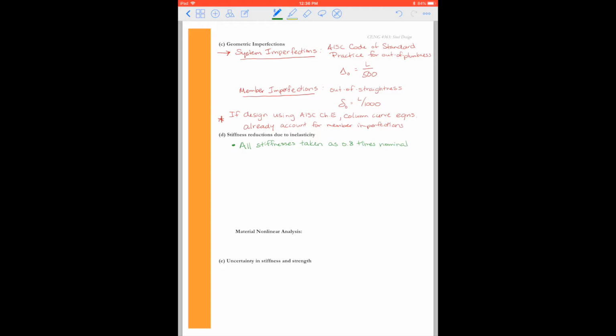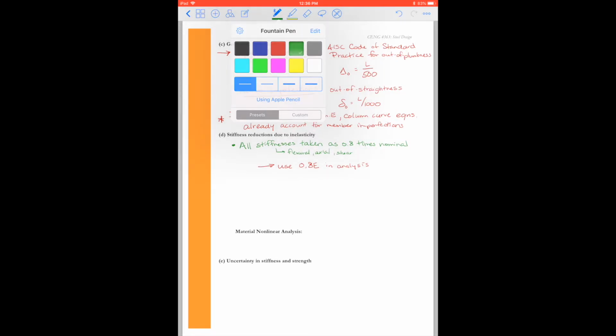This is all stiffnesses, so it doesn't matter whether it's flexural, axial stiffnesses, shear, whatever have you. As we input our properties, this will best be handled by using 0.8E in our analysis. So when we define our material properties, we're only going to use 0.8 times the elastic modulus, and that will account for some reductions due to inelasticity.